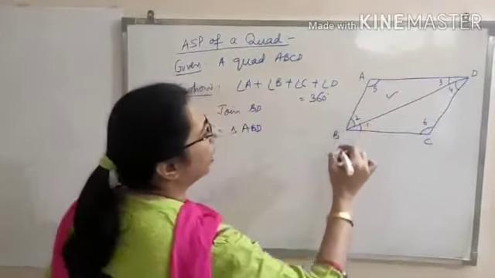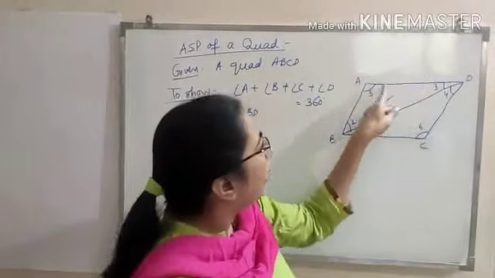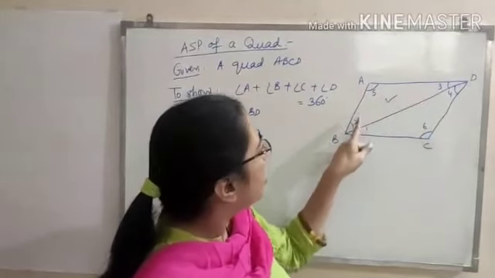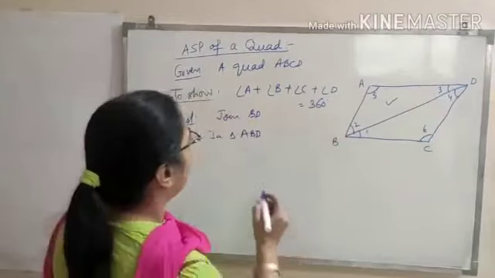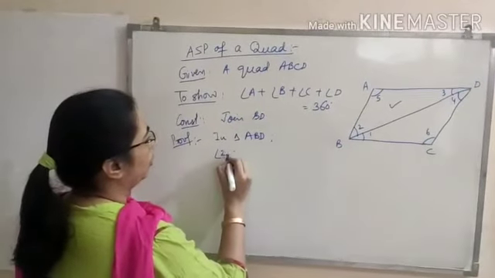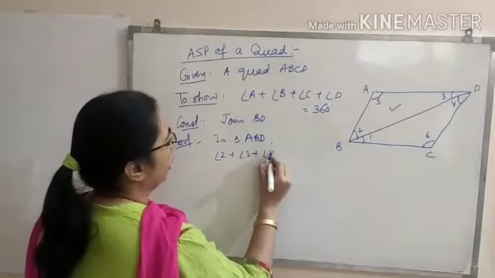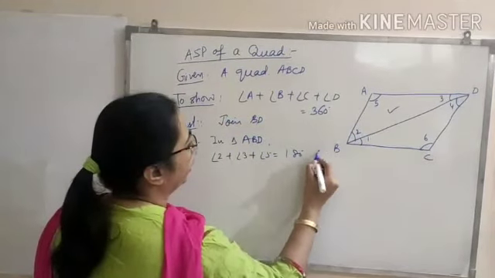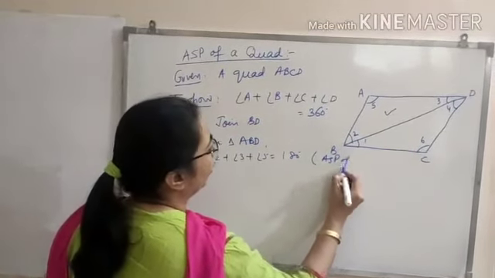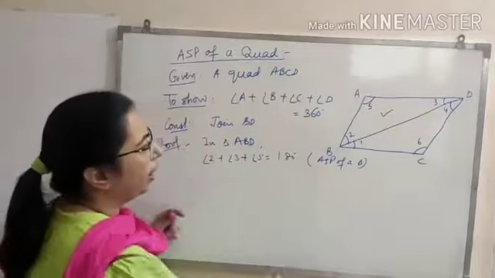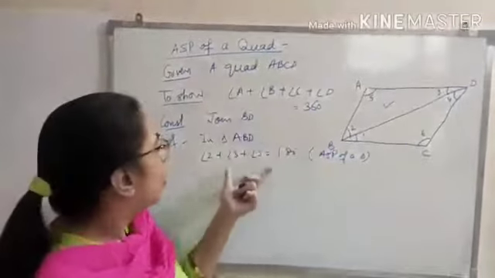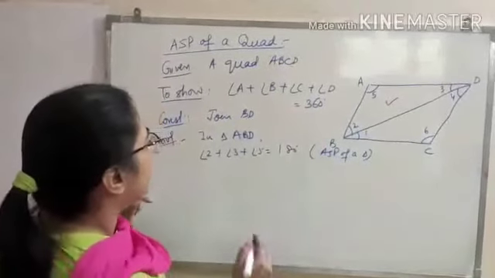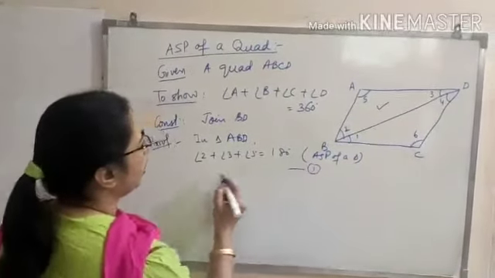Now you can see this is a triangle, and the sum of angles of the triangle, which are the angles? 2, 3 and 5. The sum of these 3 angles is equal to 180 degree. 2 plus 3 plus 5 is equal to 180 degree. This is the angle sum property of a triangle. You have studied this in your junior classes also, and we have done it in the previous chapter also, that the sum of angles of a triangle is 180 degree. This is your first equation.